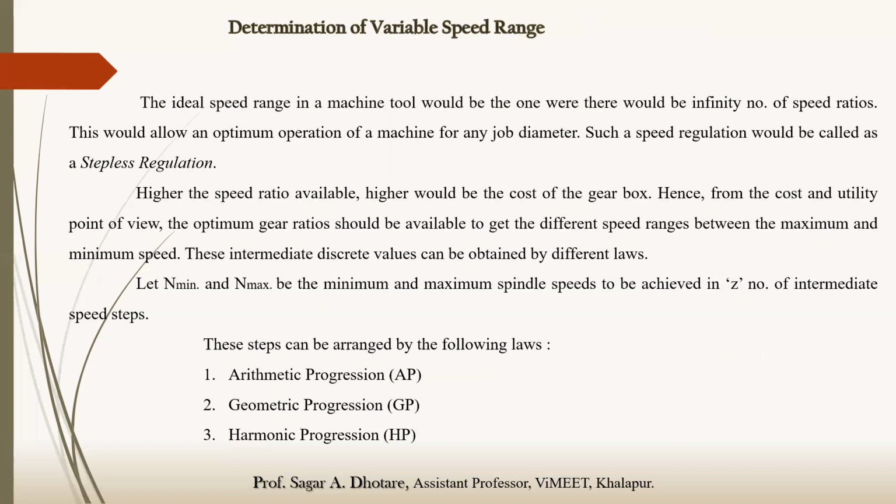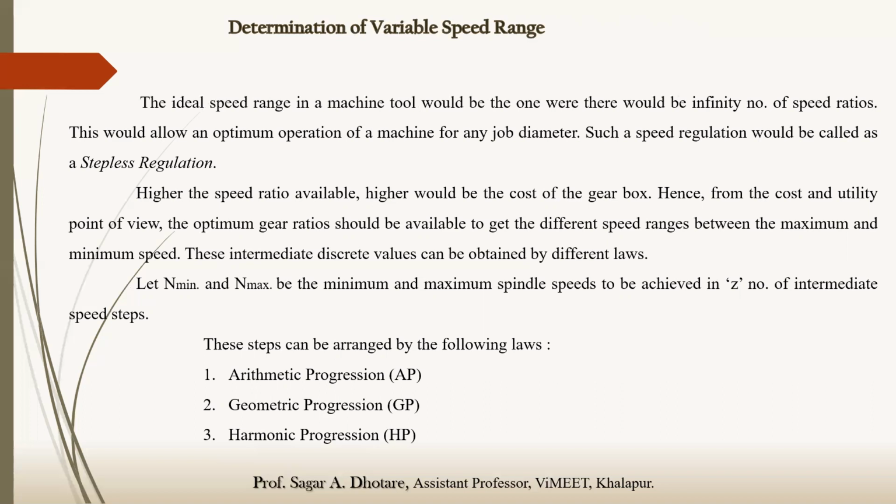Now, determination of the variation in the speed. First of all, we need to understand what the different laws are that can be used to decide the speed values of the different stages of the machine tool gearbox.